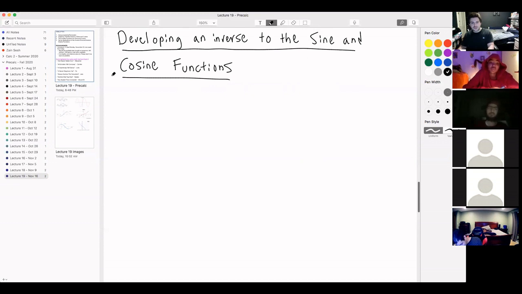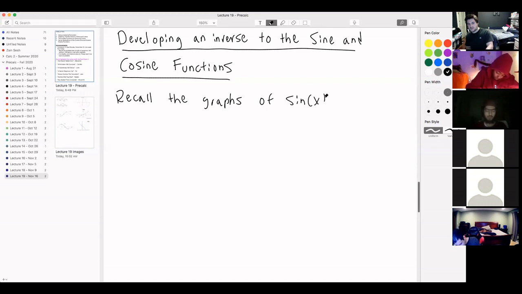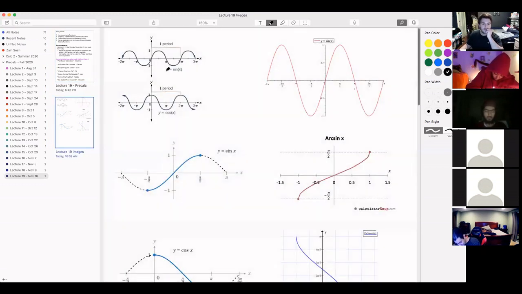Okay, good. So first, before we start this, how about we just recall the graphs of sine and cosine. So let's recall the graphs of sine of x and cosine of x. Let's just recall what those look like very quickly.